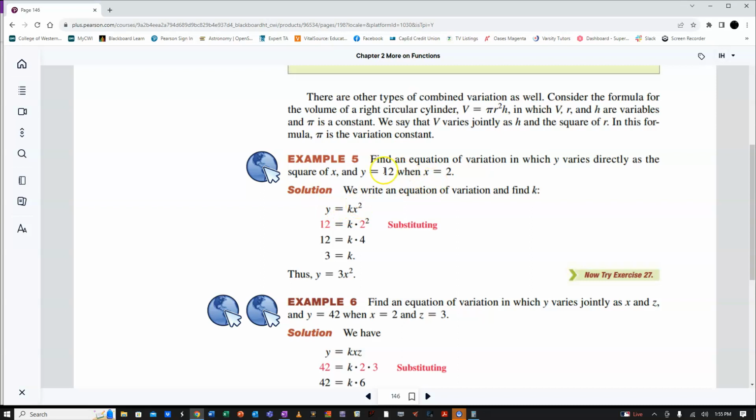You take the values given, y equals 12 and x equals 2, and substitute them in. 2 squared equals 4, and we solve that for k, and we get that the constant equals 3, and therefore our equation is y equals 3x squared. And that would be the answer to this example. We'll go ahead and do exercise 27 next.